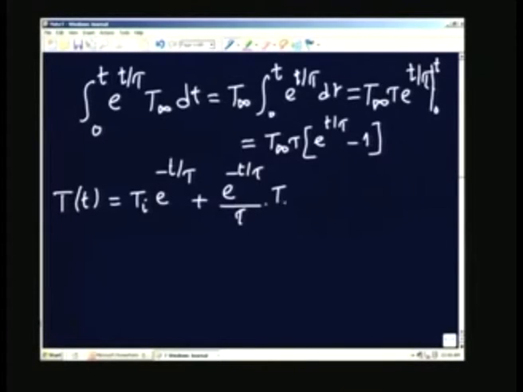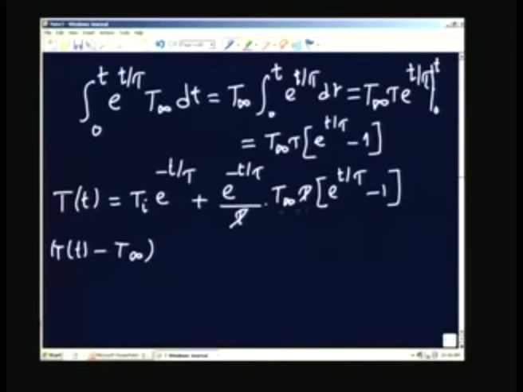That integral is now T infinity tau into e to the power of t by tau minus 1. This tau will cancel off with this tau, and therefore, you see this e to the power of minus t by tau multiplied by e to the power of t by tau is going to give 1. So, it is plus T infinity here, and therefore I will see T of t minus T infinity.